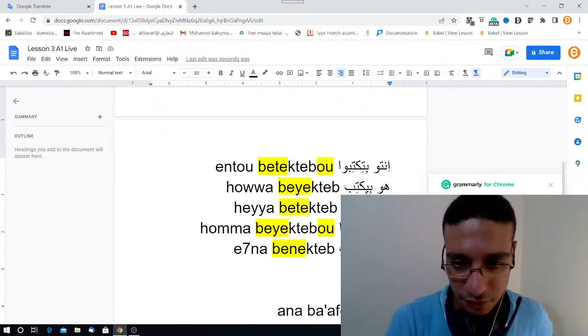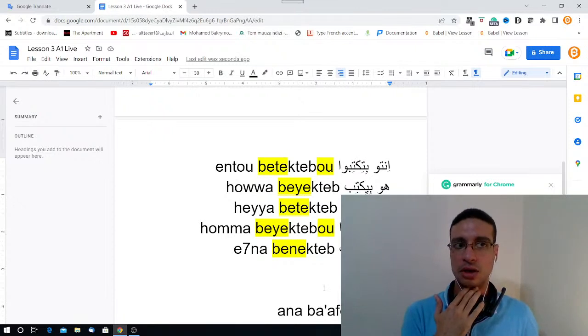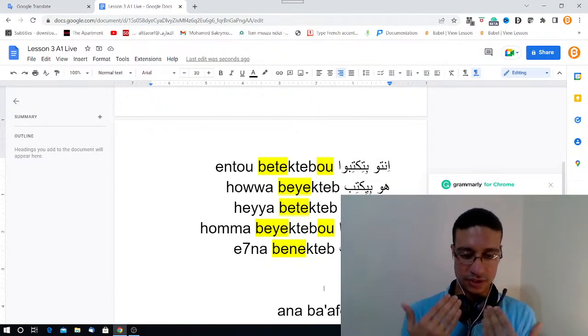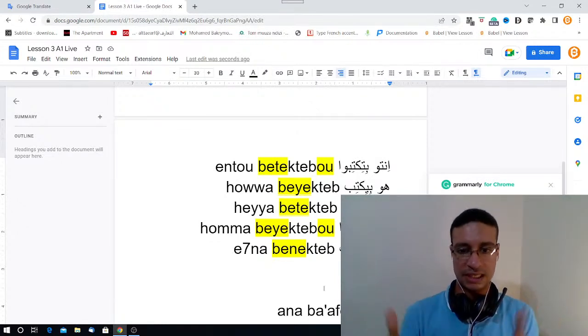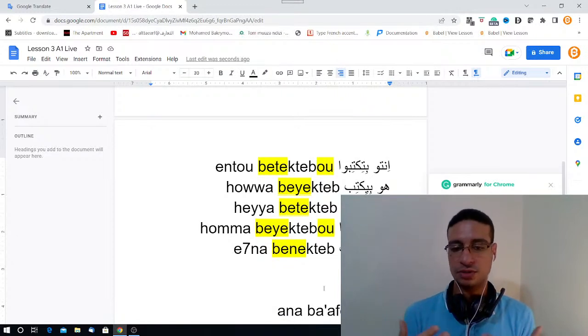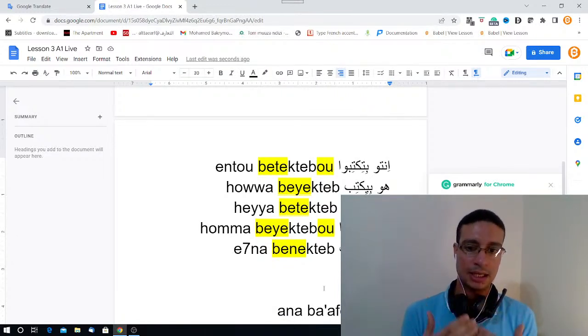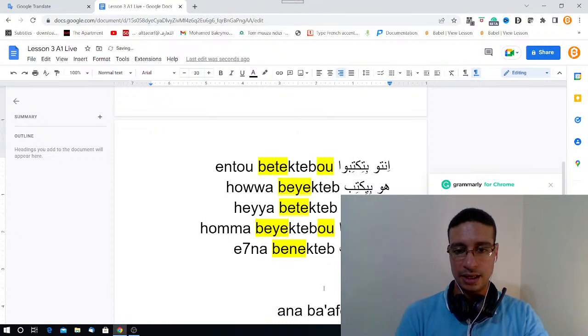This letter is a bit confusing because in standard Arabic it's qaf, so it's pronounced qa, so it's qafal. This should be read like this if I'm reading it in standard Arabic. However, in Egypt we pronounce it a, like Hamza, like a in the beginning of a word.